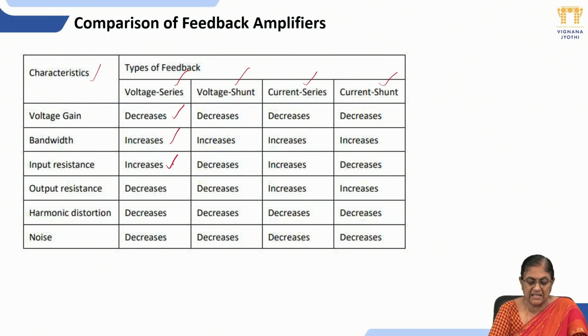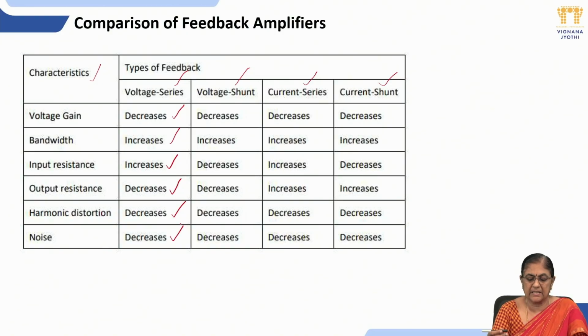Therefore, input resistance increases. Output resistance decreases. Why does output resistance decrease in voltage series feedback amplifier? Input terminals of the feedback network are connected in shunt to output terminals of the basic amplifier. Therefore, output resistance decreases. Harmonic distortion decreases.